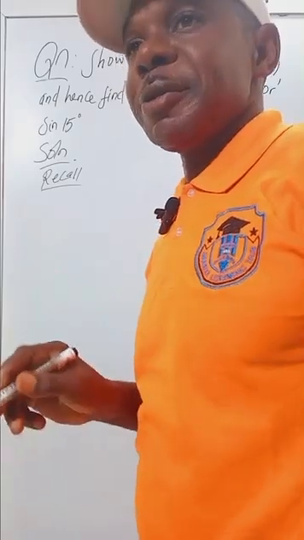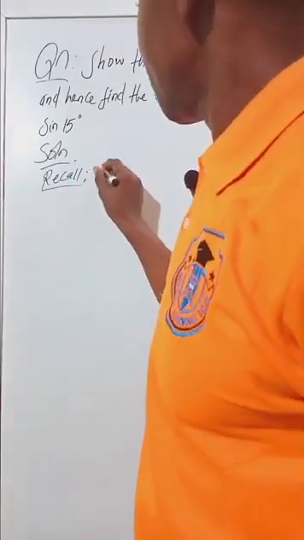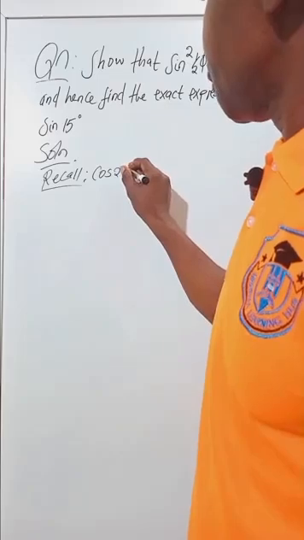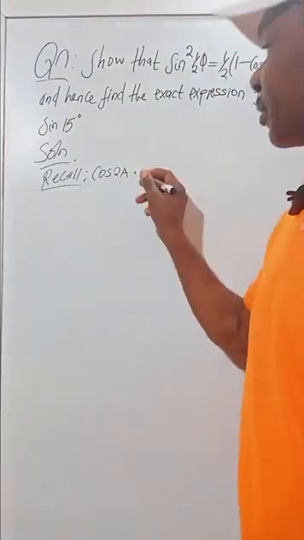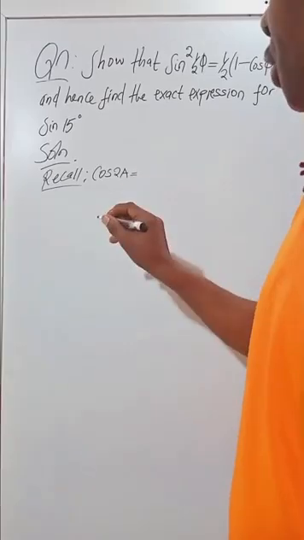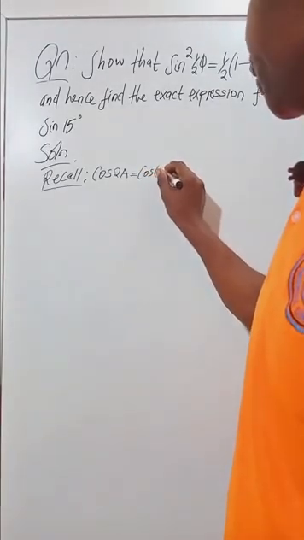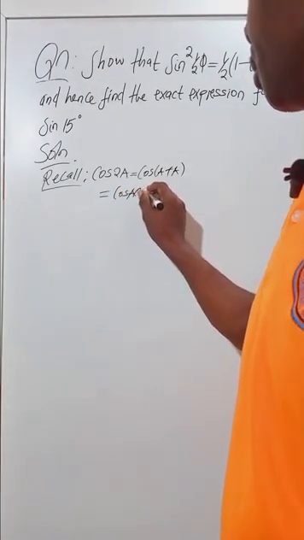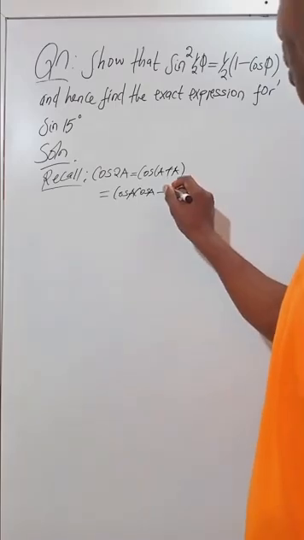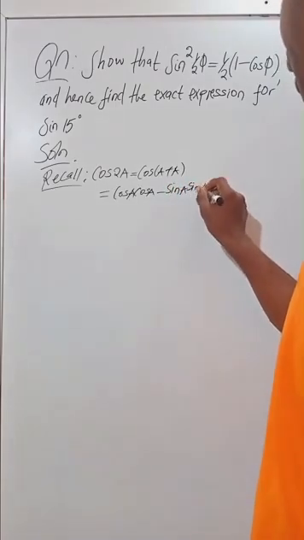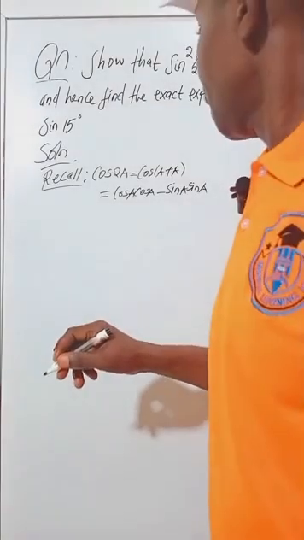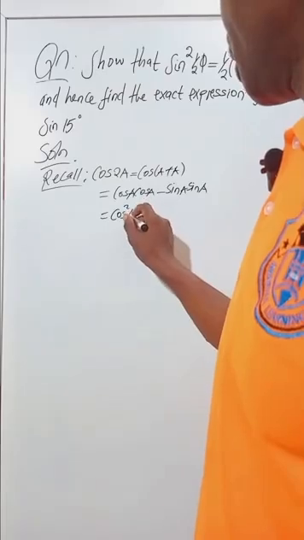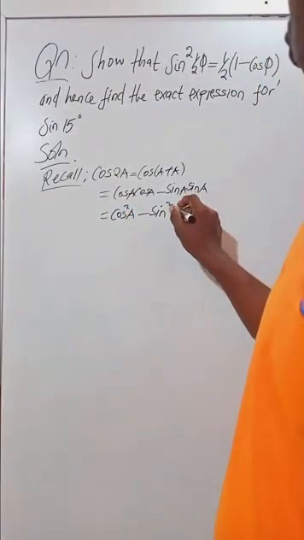That concept of compound angles, where you have cos 2a. Under the compound angle formula, you can write this as cos(a plus a), which equals cos a cos a minus sine a sine a, which is equal to cos squared a minus sine squared a.